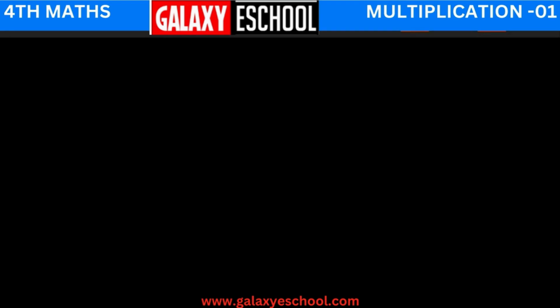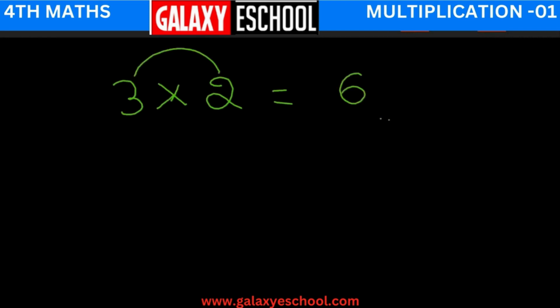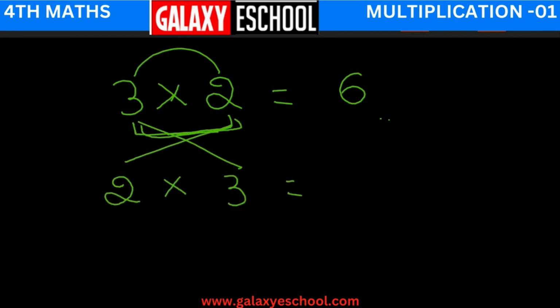First, let me explain this with small numbers. Say I am multiplying 3 and 2. What is 3 2s? 3 2s are 6. Now if I reverse the order of these numbers, that means 2 is written first and 3 is written second. Now 2 3s are how much, children? Again 2 3s are also 6.